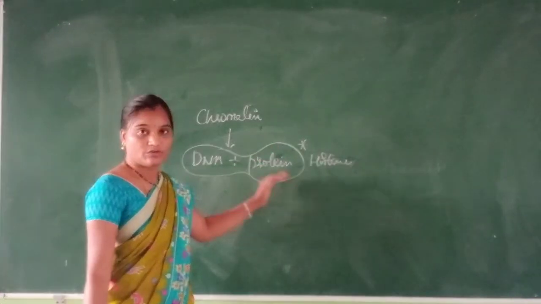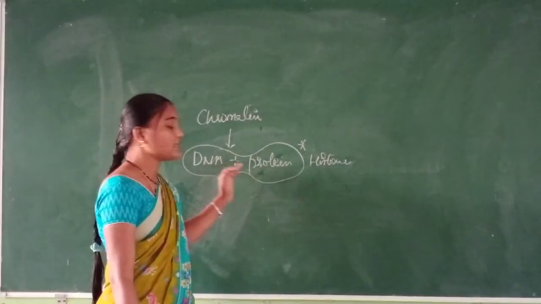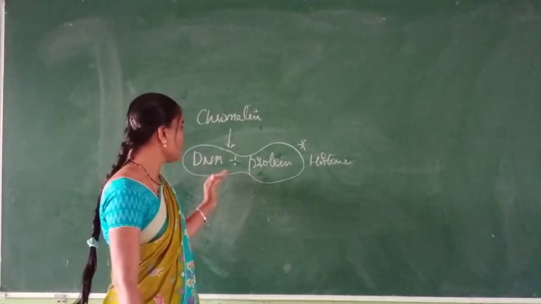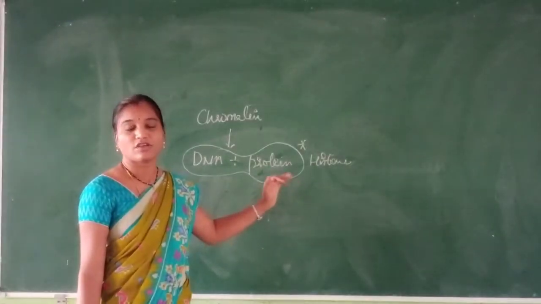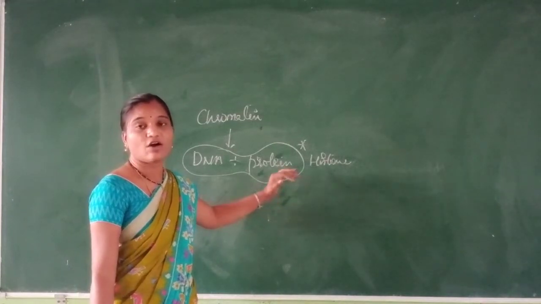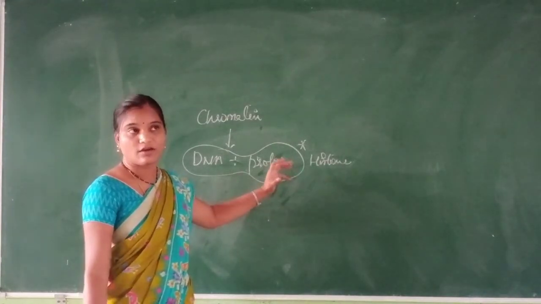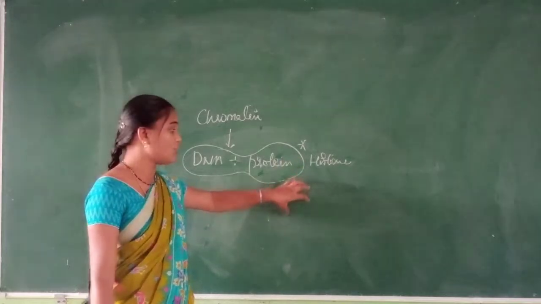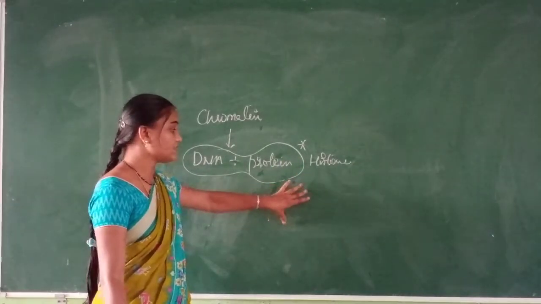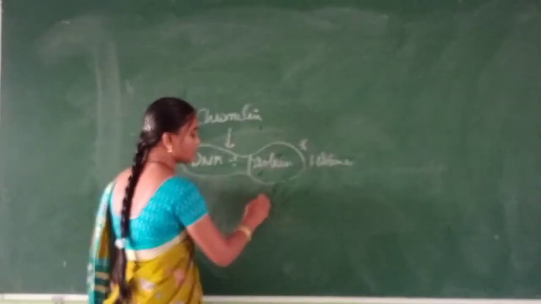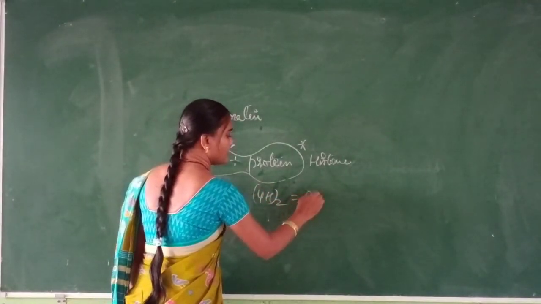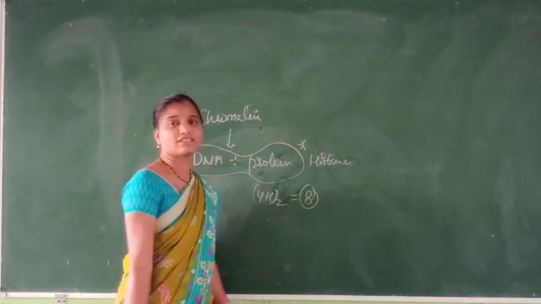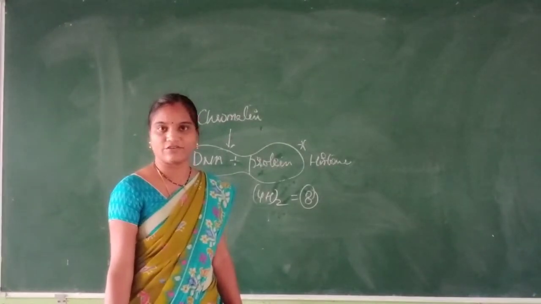In eukaryotes, chromatin is a complex of both DNA and protein, and these proteins are histone proteins. Histone proteins are organized in an octamer complex. Totally 4 histone proteins, when present in pairs, give 8 histone proteins, and it is an octamer structure, right?